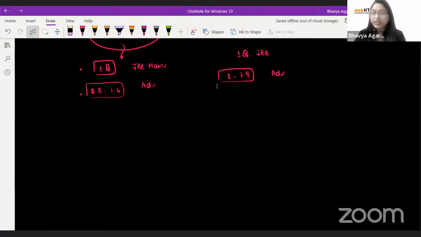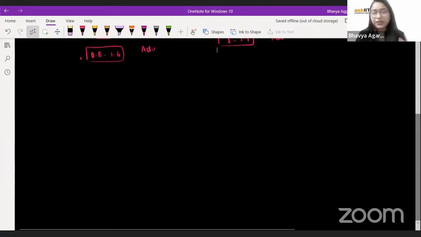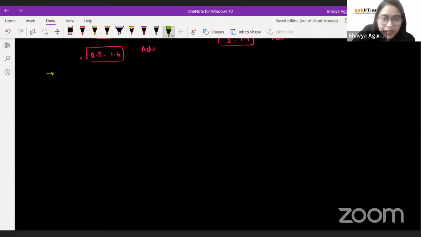For that, there are a few basics we need to learn. For example, in your CBSE examinations, mostly CBSE is going to ask you the expected type of questions: those roadmap questions, which can come as part of your case study questions.